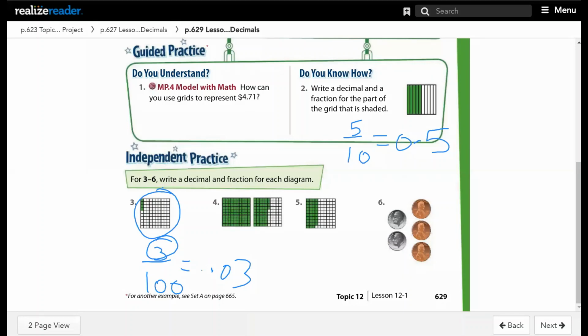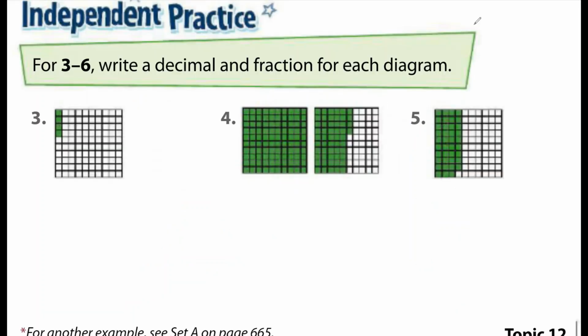And question number 4. I have the first one fully shaded. So it means 100 out of 100. 100 out of 100, as we know, is equal to 1.